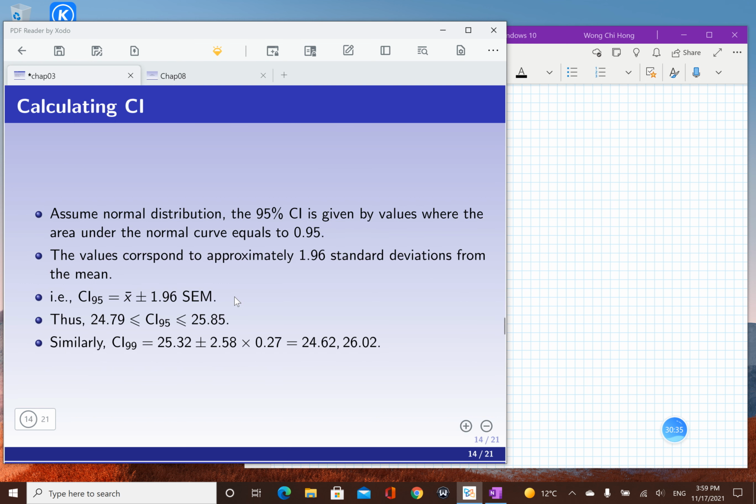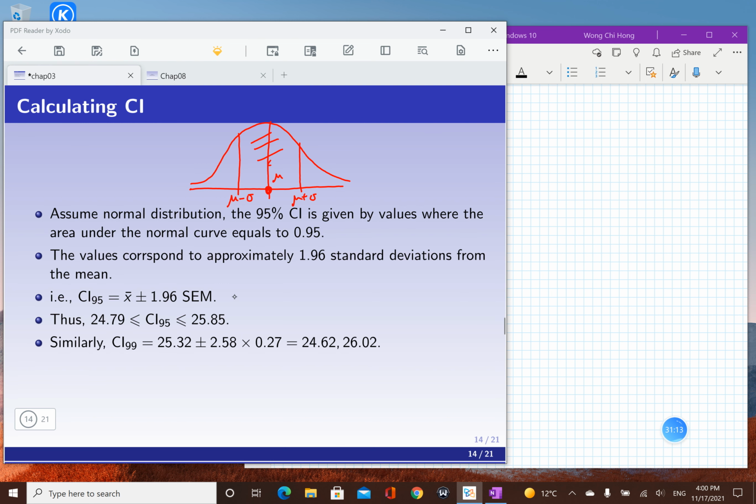So the confidence interval is just as easy to calculate. Again, if you remember our normal distribution, we talked about the mean value and our bell shape, and we said that if we move away one standard deviation, which is mu plus sigma, mu minus sigma, this should cover about 68 to 70% of the data.